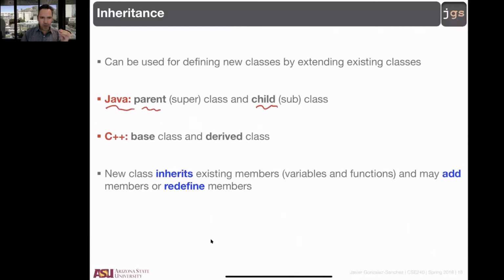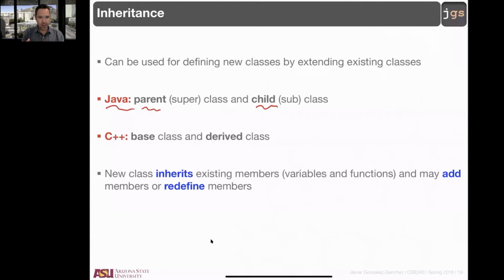In C++, what you are going to find is they call the superclass and the subclass. The superclass is what today we call the parent, usually a reference that Java proposed, and the subclass is the child. This is what we call the child class.